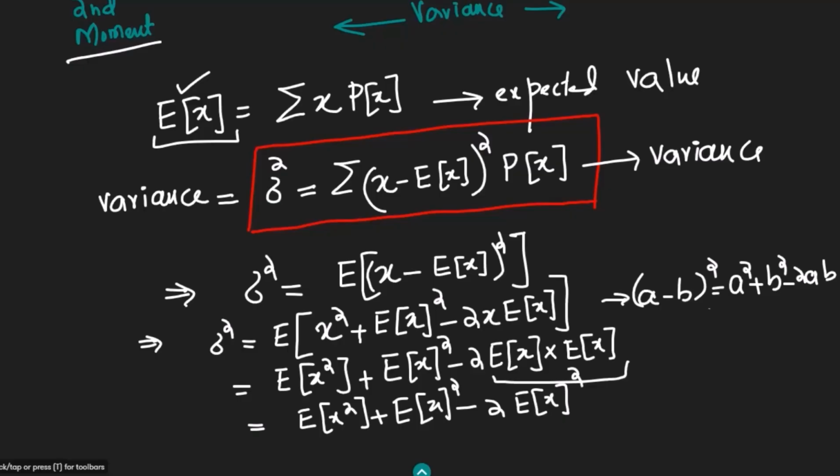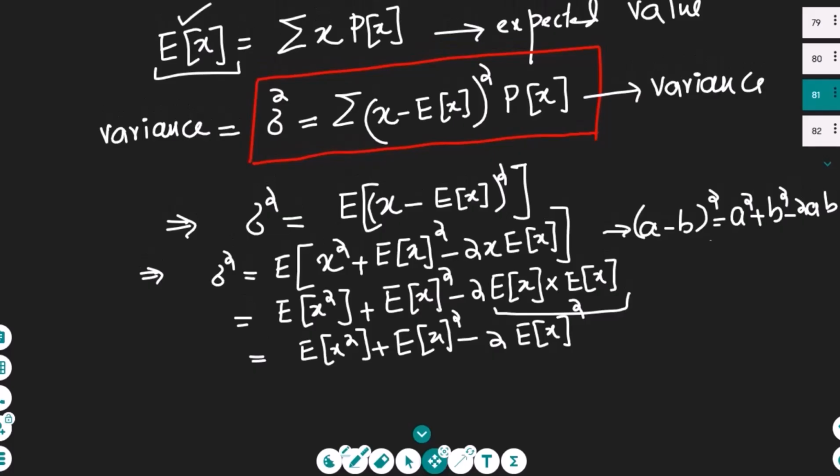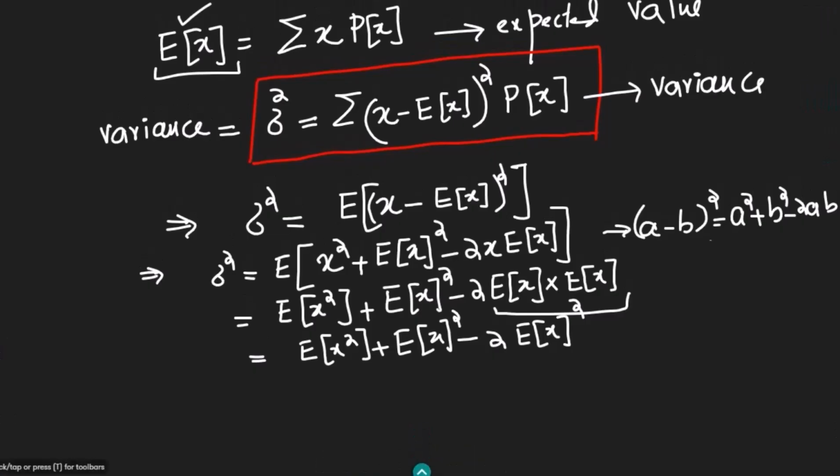What I will get here is that these will be subtracted from each other, and here we will get E x square minus E x whole square, and this is what is called sigma square.